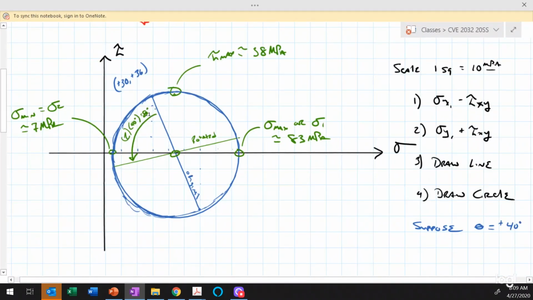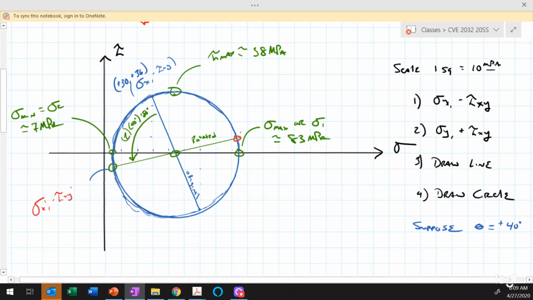So in that situation, this value up here was sigma x comma minus tau xy, then this value down here goes to sigma x prime comma minus tau xy prime.